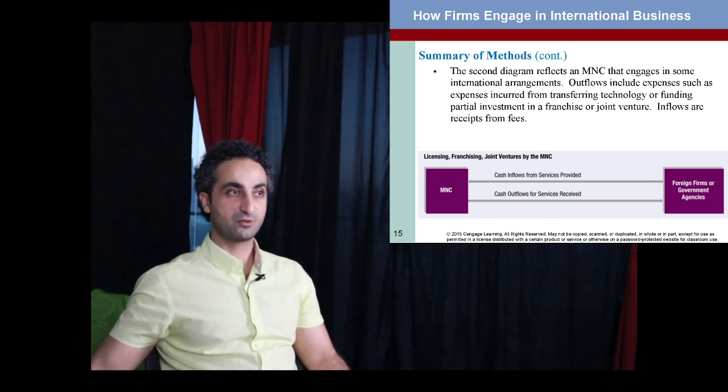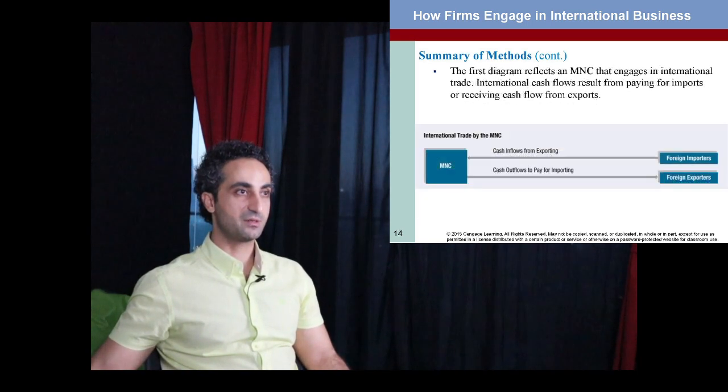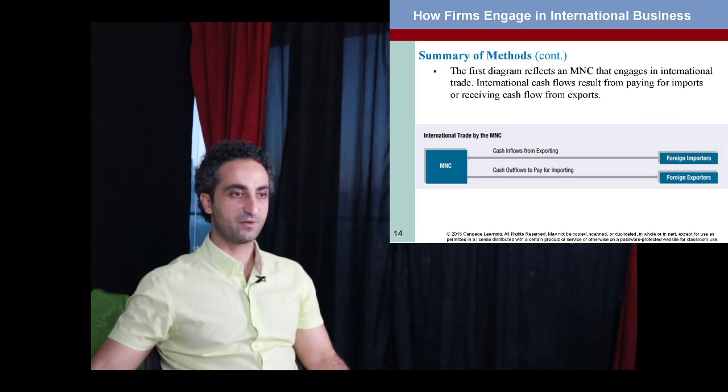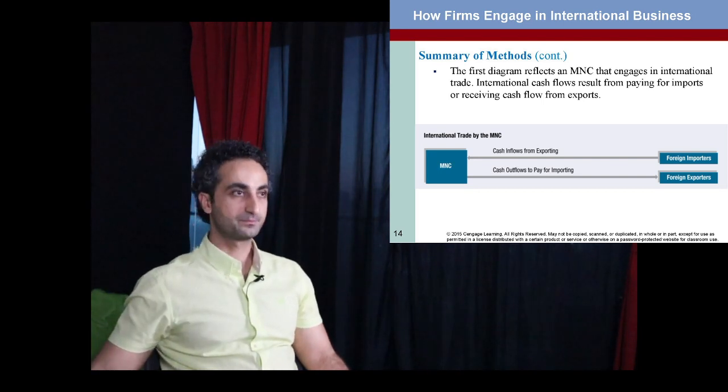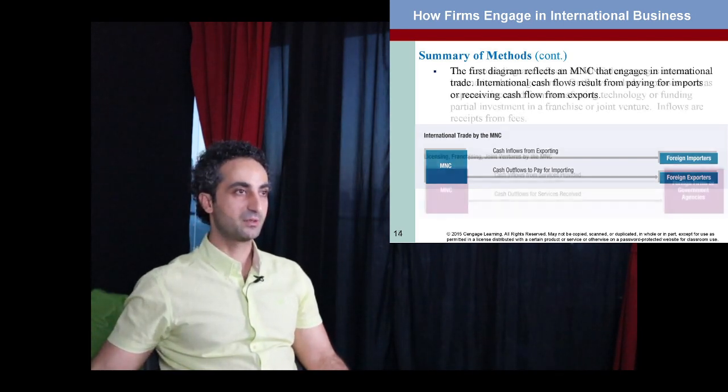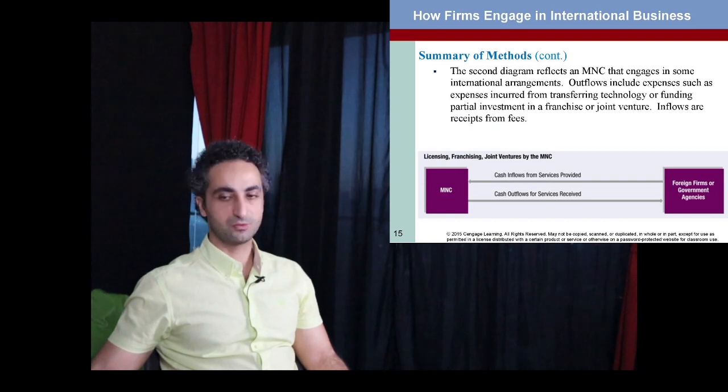Let's go back to the previous one. If you can see here in the previous one, cash flow not from services provided, from exporting. Outflow from importing. Okay, now let's continue with the next.